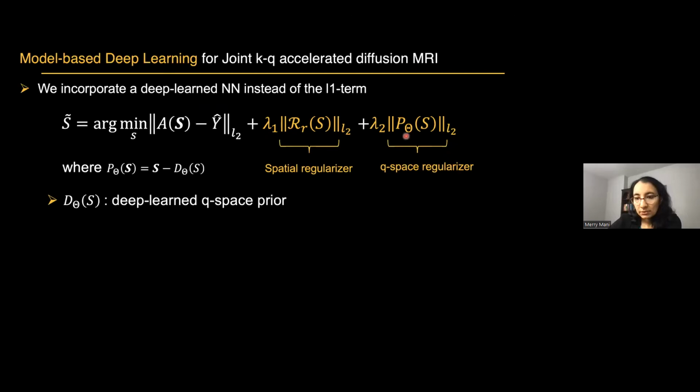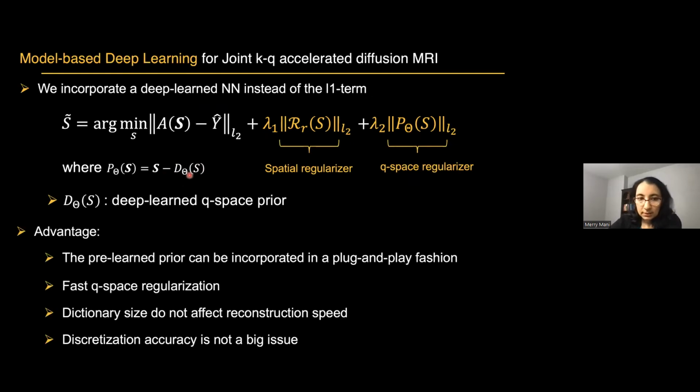Here I have a new regularizer P of theta, which is defined as shown here, where S is the Q-space data and d theta is a neural network that has pre-learned, or that provides, a Q-space prior from deep learning.